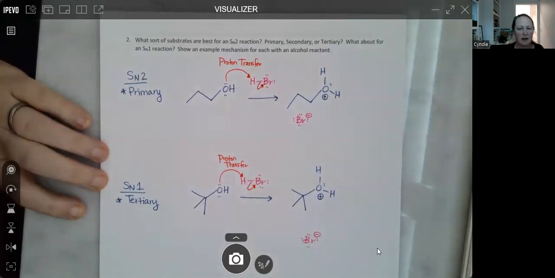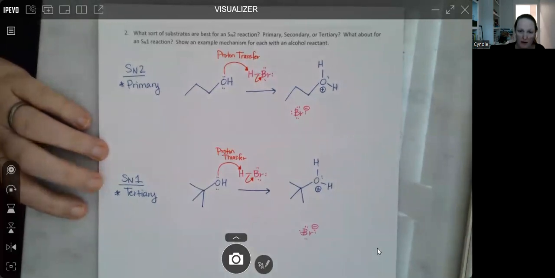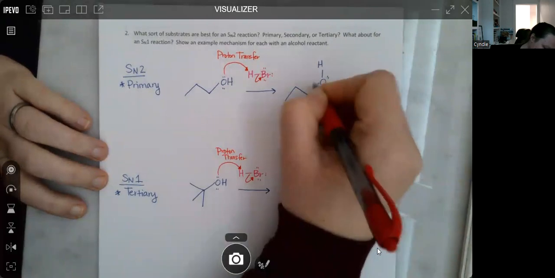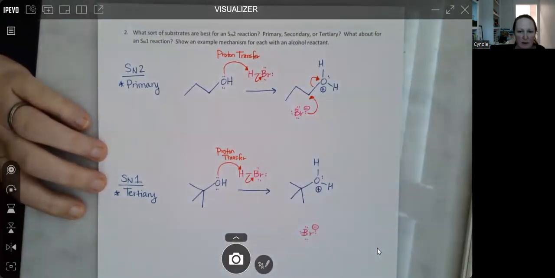Okay, so here is where the difference in the two mechanisms occurs. In this case, the bromide is going to do backside attack simultaneous with loss of a leaving group.